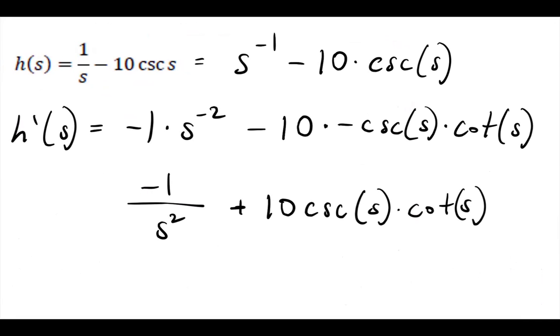Then I found the derivative of S to the negative 1, and changed it so that I didn't have any negatives. Negative times a negative made a positive down here. H prime of S equals.